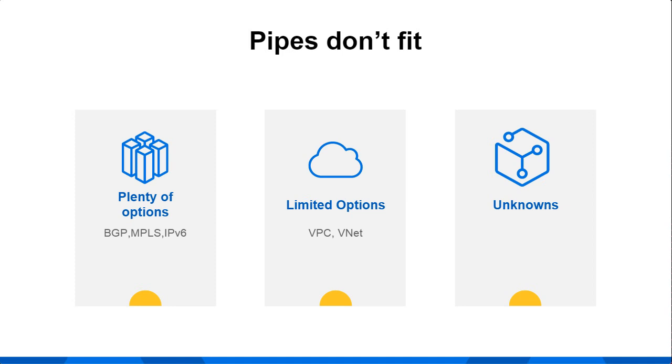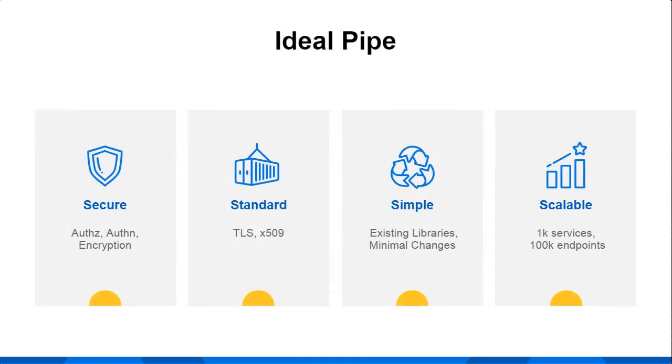Since the problem just cannot be solved on a low level, we try to move up the stack and see if something between layer 5 and layer 7 could help solve our problem. So we started to think about this kind of ideal pipe that can connect all the different data centers, services, and applications. This pipe had to be secure with proper authentication, authorization, and of course encryption.